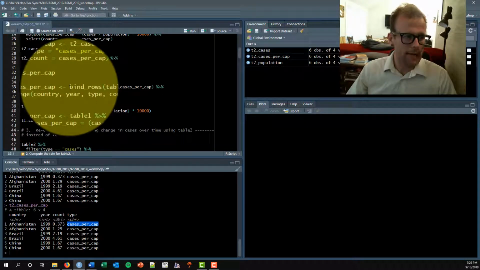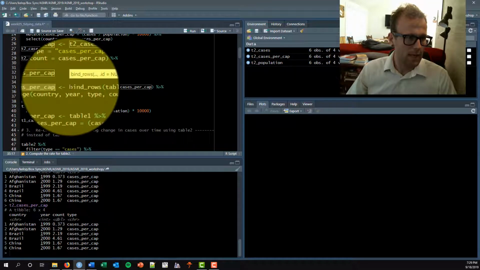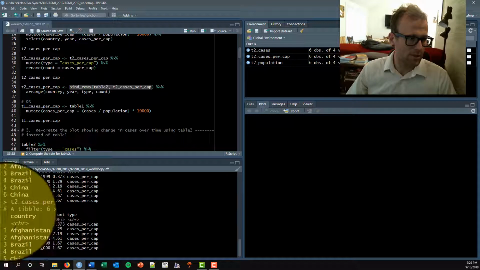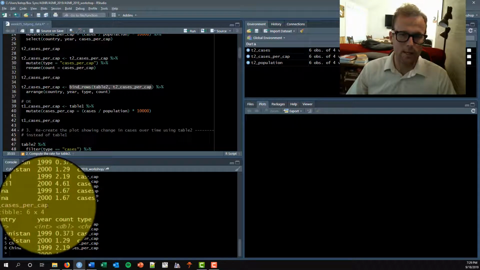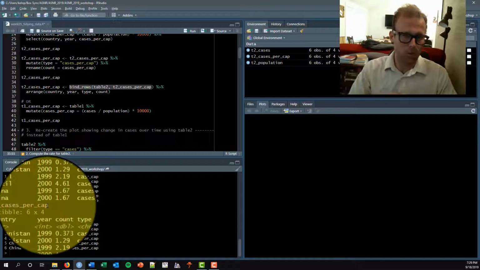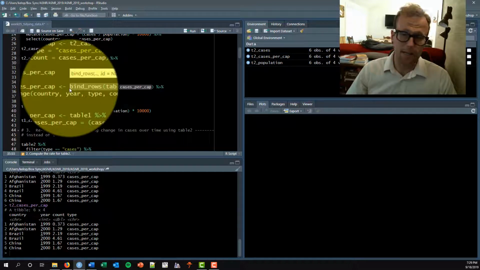Once I have that, I can take my cases per capita and bind it by rows to table 2. So essentially, I'm taking this T2 cases per capita and appending it to the very end of table 2. I am binding those 2 data frames together as if I was copying one and pasting it right below the other one in a spreadsheet. Right? So that's what the bind rows function allows us to do.